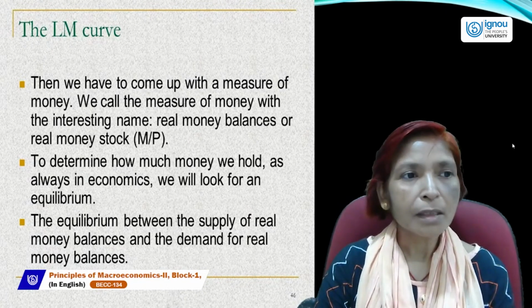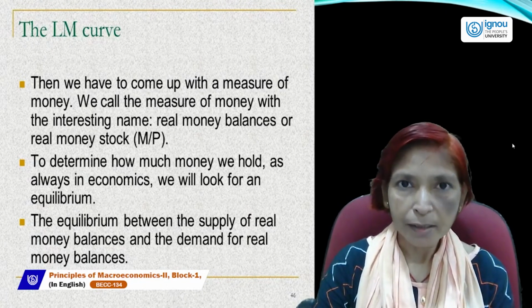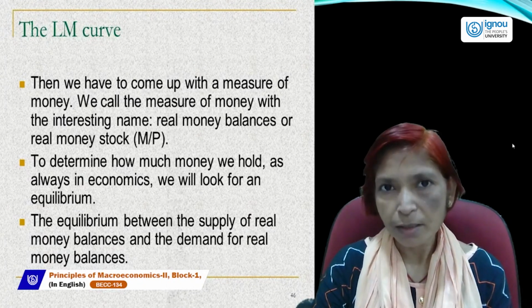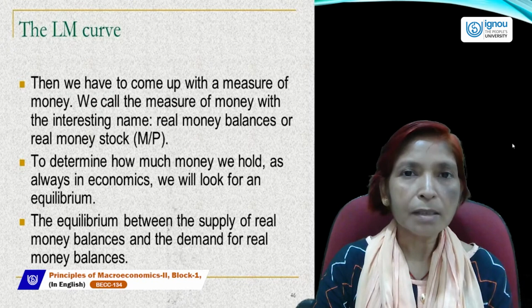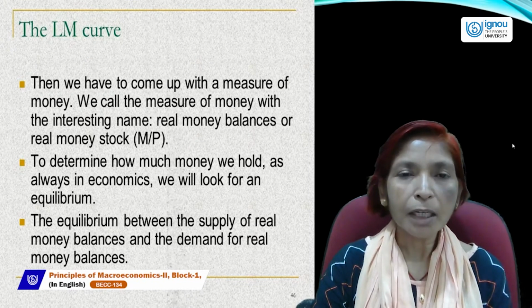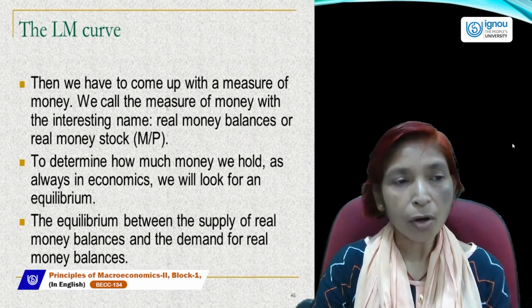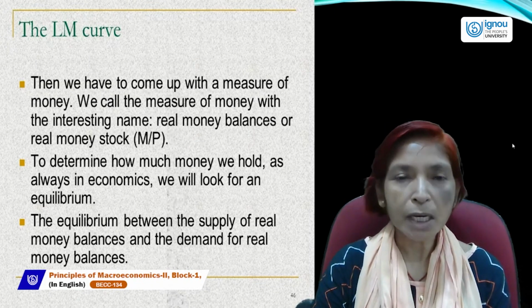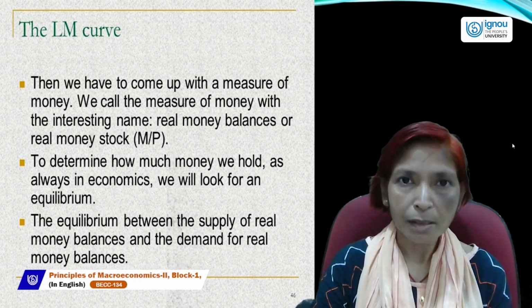Here L means liquidity preference. Money is a very liquid form of asset. According to Keynes, money is demanded by each and every person because money has purchasing power. Money can purchase goods and services.